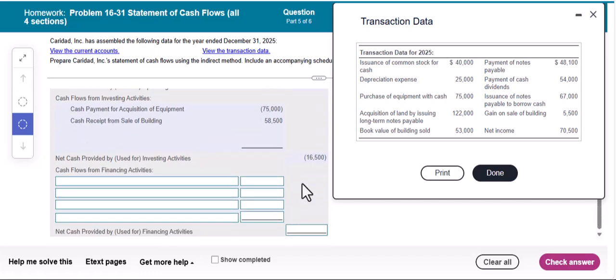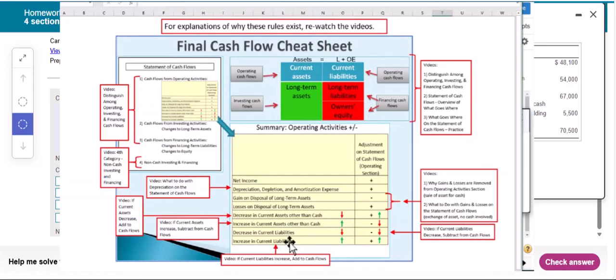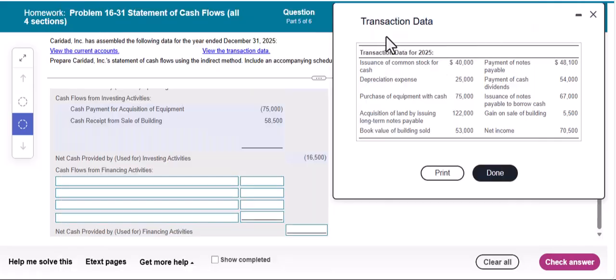Okay. Next, we have cash flows from financing activities. So what goes in the financing activities section? That is changes to long-term liabilities and changes to equity. So let's go back up here and start with this one. Does this affect a liability or equity? Issuing common stock for cash.